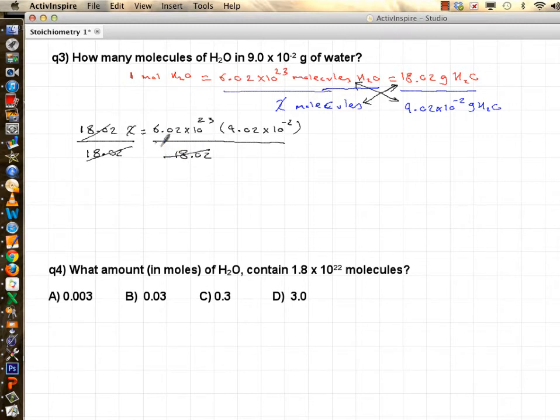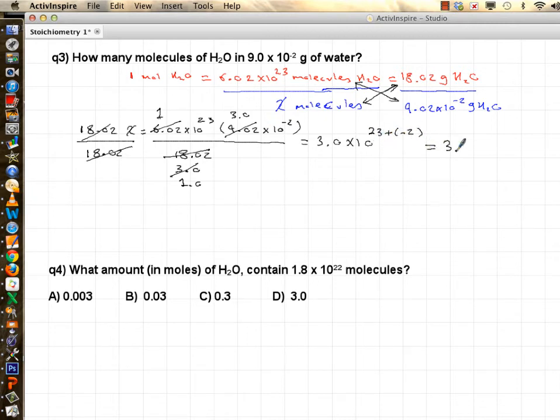Now 18 has 3 6s in it approximately, so 3, and this is 1. And 9 has 3 3s in it, so the denominator becomes 1. And in the numerator, you have 3 times 1 times 10. When you multiply exponents, you simply add them up. So it's 23 plus minus 2, which is 23 take away 2.